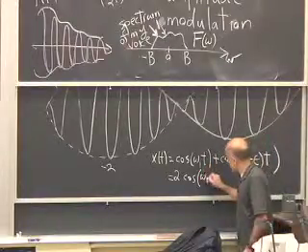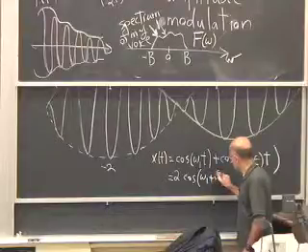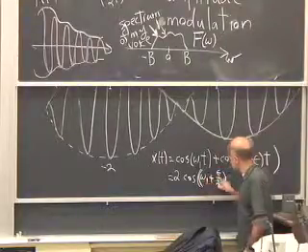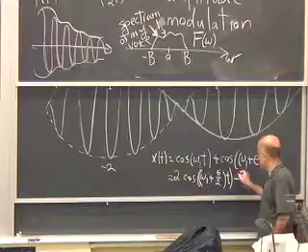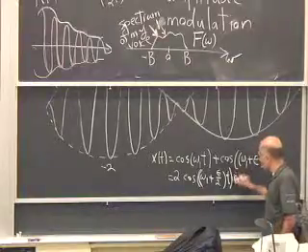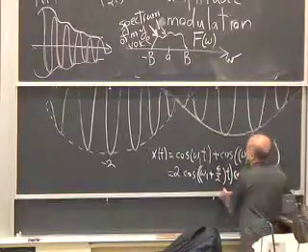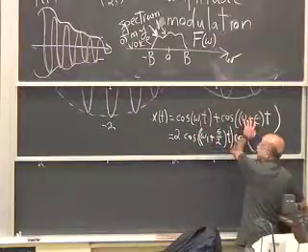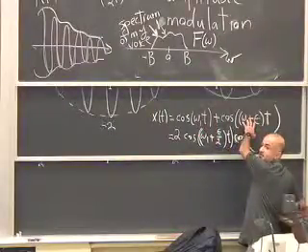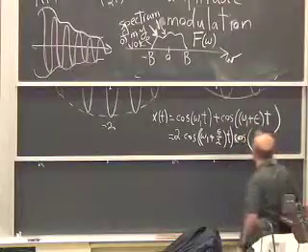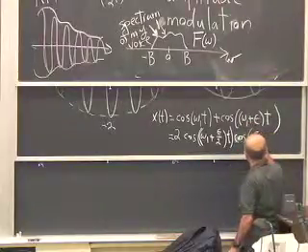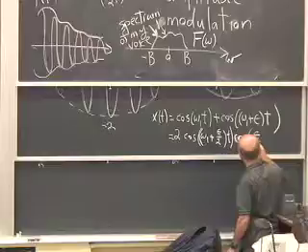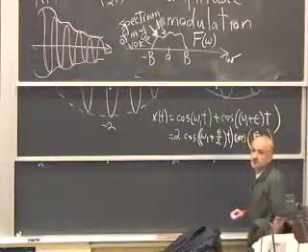So it's omega 1 plus epsilon over 2 times t, times cosine of the first one minus the second one divided by 2. It's epsilon over 2 t.